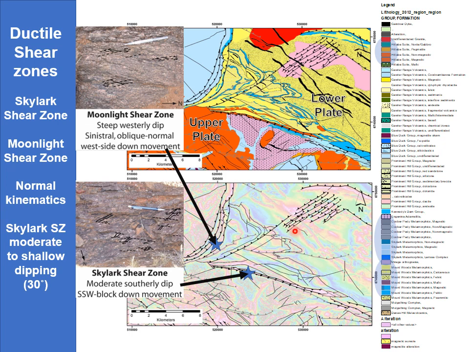Now, you might recall from the earlier interpretation from my honours year that this structure here was a steep structure. This is the Skylark shear zone. When I was out there with a colleague of mine, John Stewart, we stumbled across an outcrop that changed the way we viewed the interpretation.